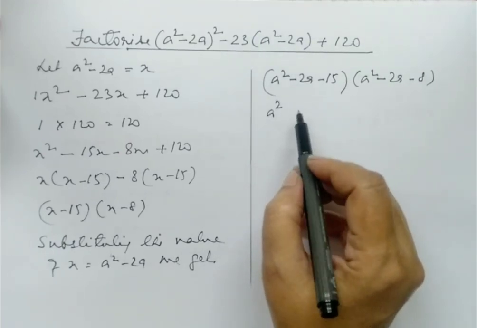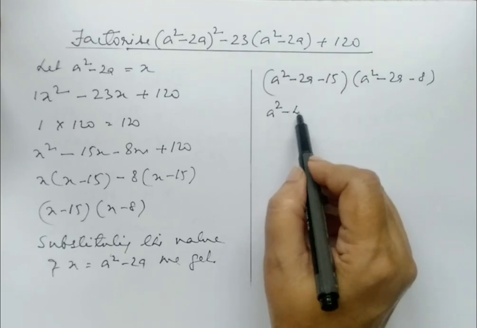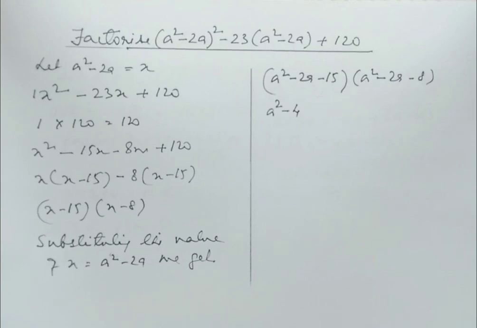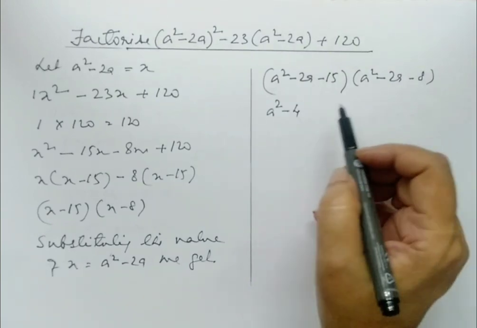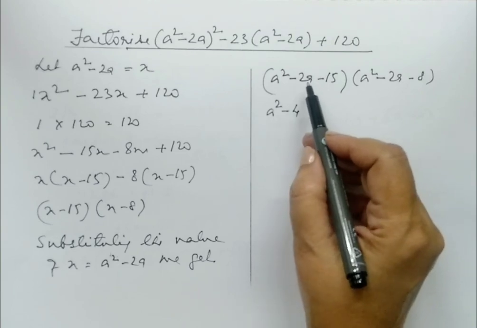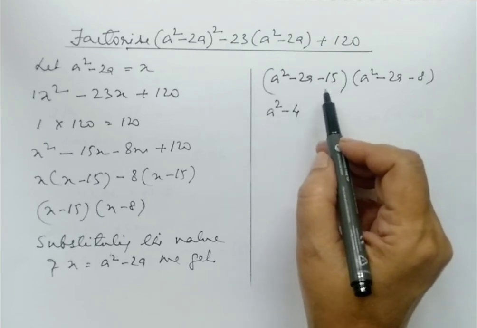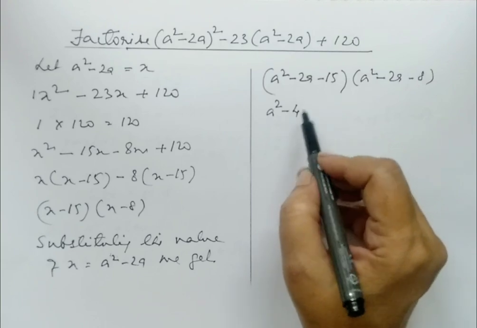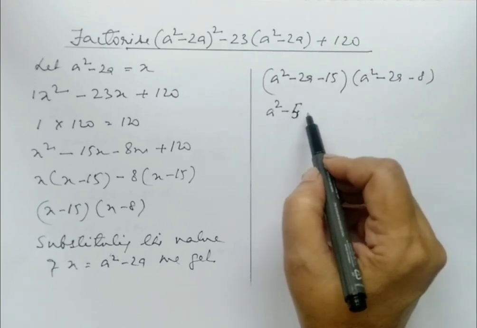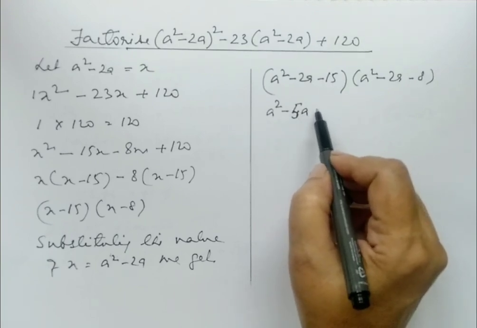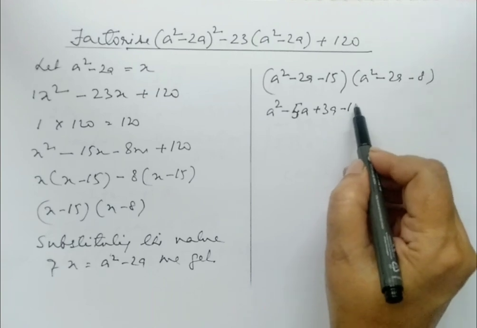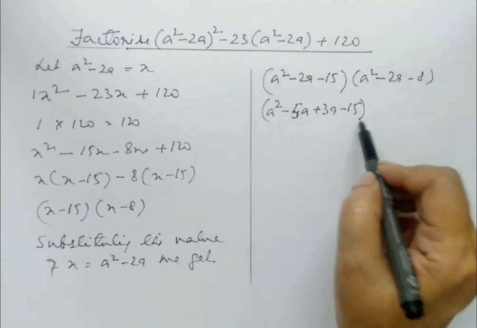So a square minus, I have 15 over here, 15 is 5 into 3, so 5a and plus 3a, and minus 15, the first one.